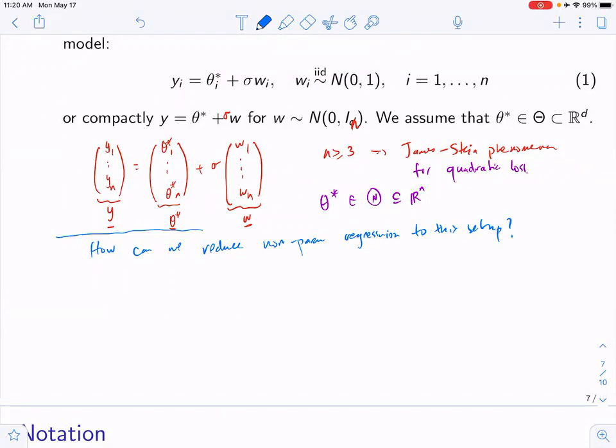Non-parametric regression is like y_i equal to f star of x_i plus, let's say, sigma w_i. What is the parallel with non-parametric regression? Here w_i are IID normal 0, 1.